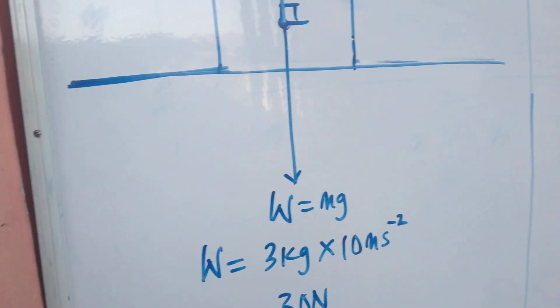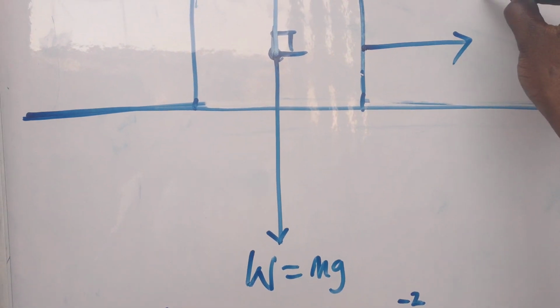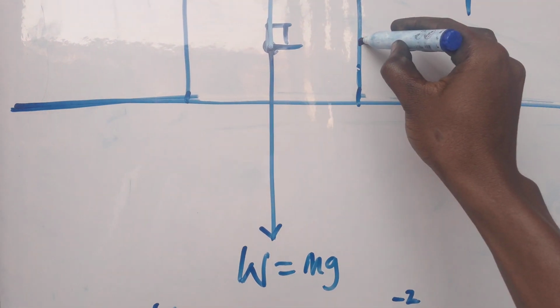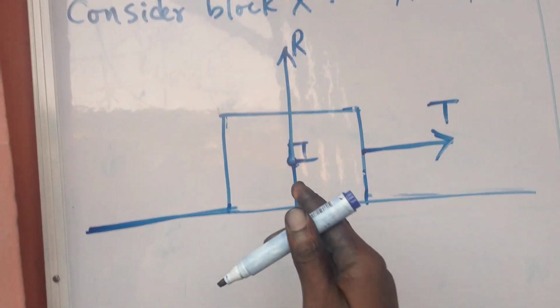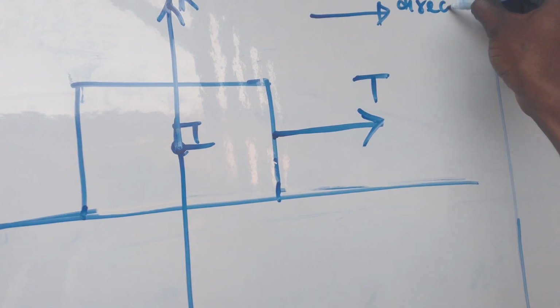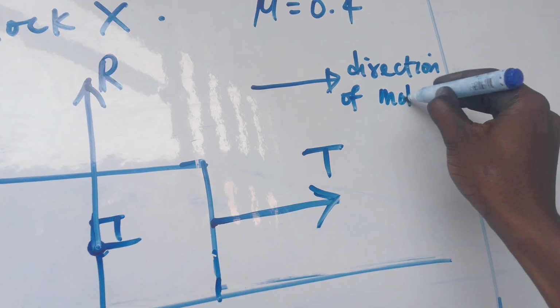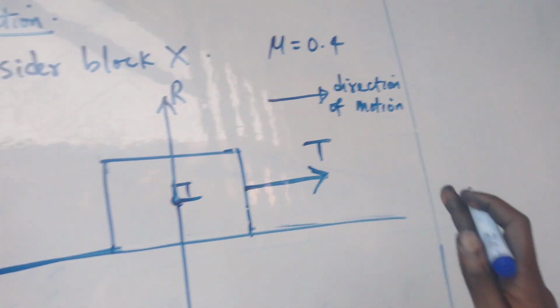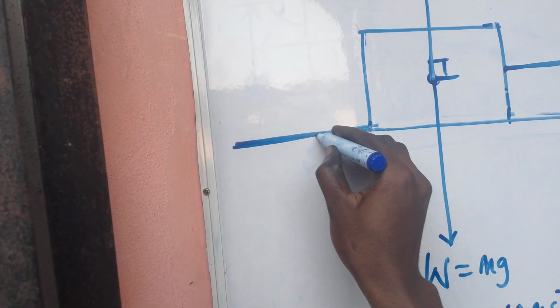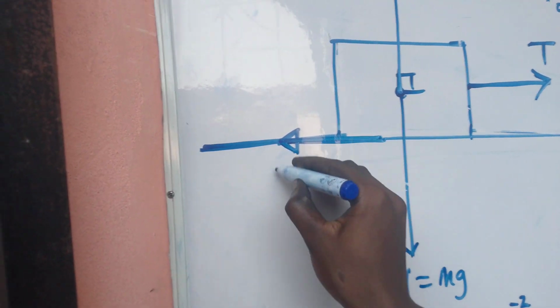So that means there's an effort acting on this string, which is a tension force, and if the direction of motion is going this way, friction force will act this way.